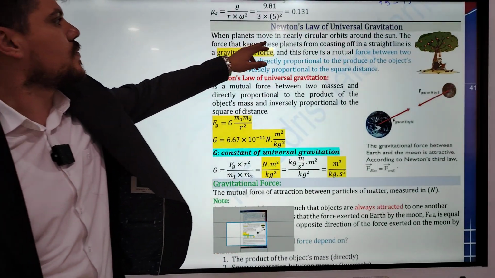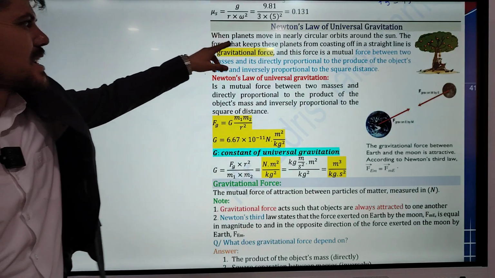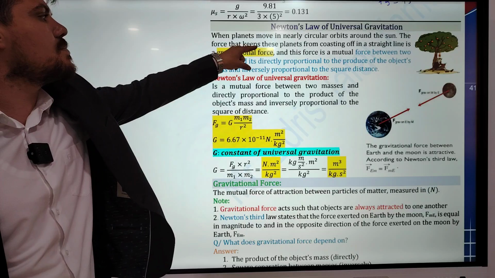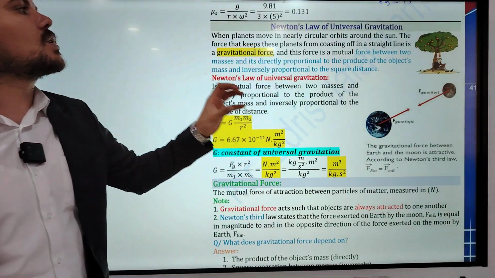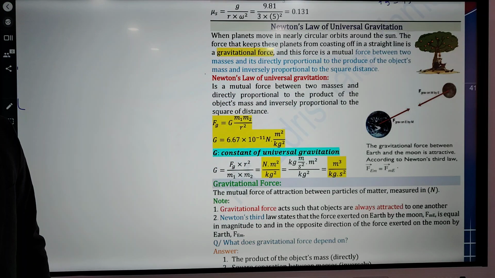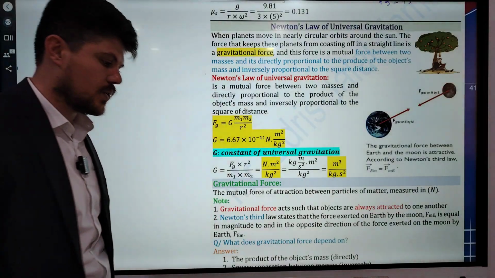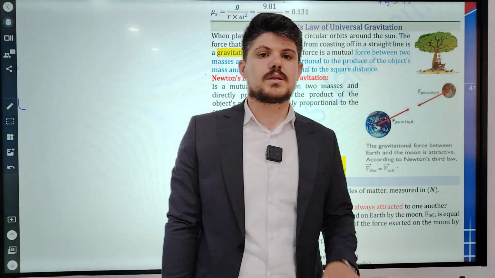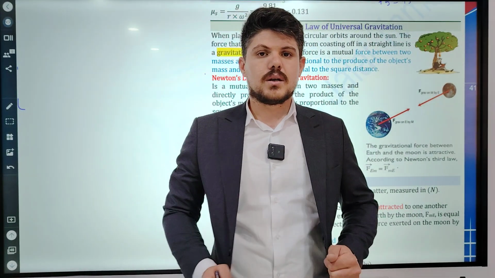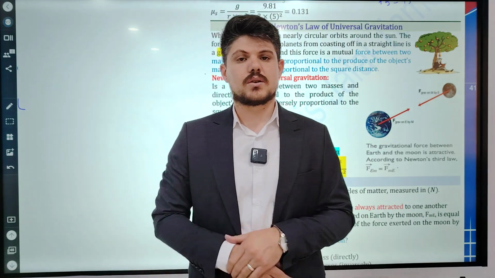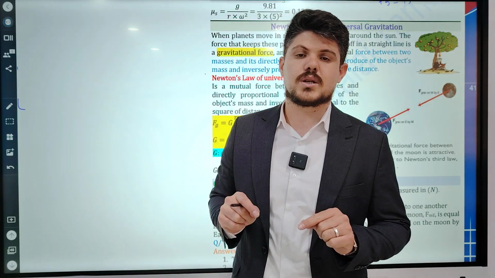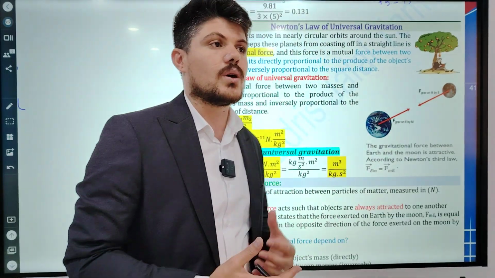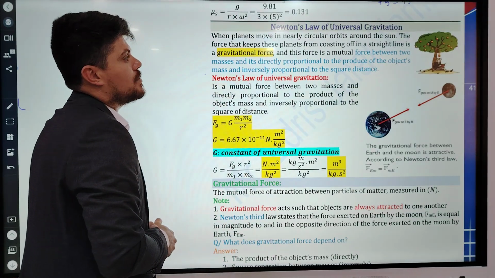When a planet moves in a nearly circular orbit around the sun, the force that keeps this planet from coasting off in a straight line is what? The gravitational force. Which type of force keeps the planets in a circular path? The gravitational force between the planets. Without this gravitational force, the planets would coast off in a linear path, or they could not maintain a circular path.